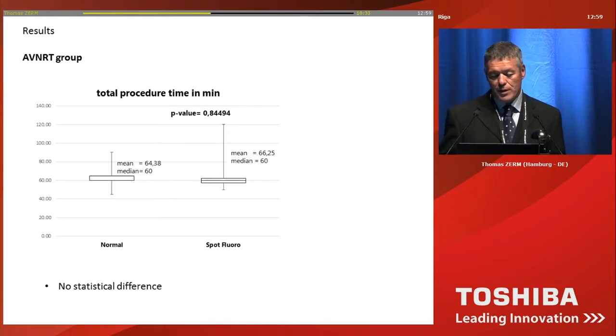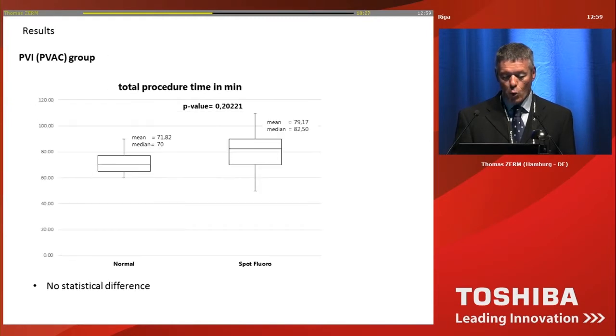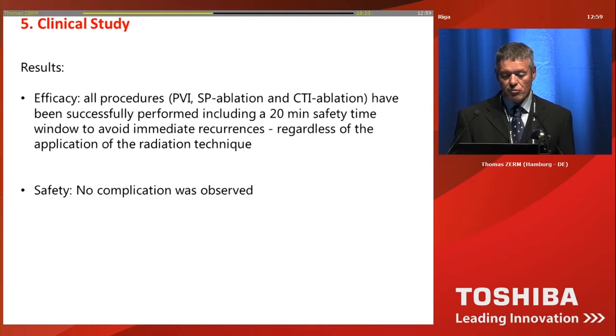Some clinical comparators, such as the procedure time, didn't change statistically at all in any of the groups we examined. And as a result, the efficacy of all procedures, PVI, slow pathway ablation, and cavo-tricuspid isthmus ablation, was successful, including a 20-minute safety time window to avoid immediate recurrences, regardless of the application of the radiation technique.